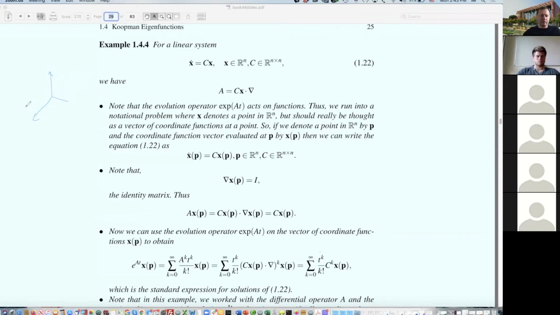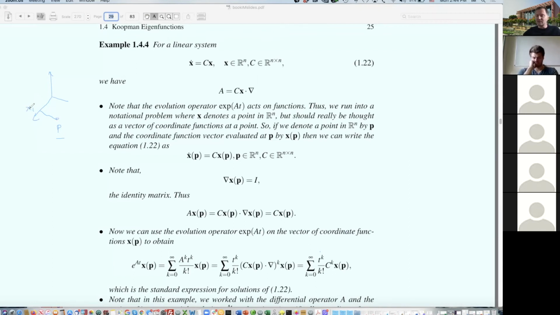So you have some n-dimensional space, and usually we denote this axis, let's say, by x1. But take a point p in this n-dimensional space. What is x1 of p? It's the value that your sensor would observe if it was measuring how far along on this particular axis p is.